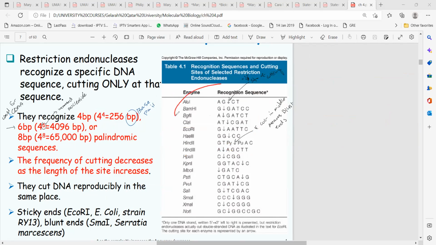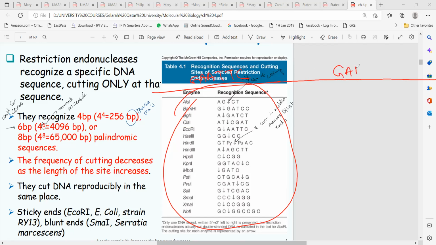In the exam, they will give you these sequences, say EcoRI cuts at this, and they will give you a whole DNA sequence and ask how many fragments you will get. If I have a sequence with GAATTC at 2 places, my enzyme will cut here and here, so I will get 3 fragments.